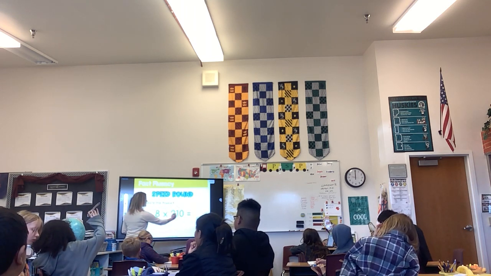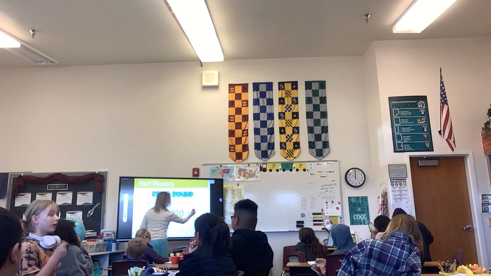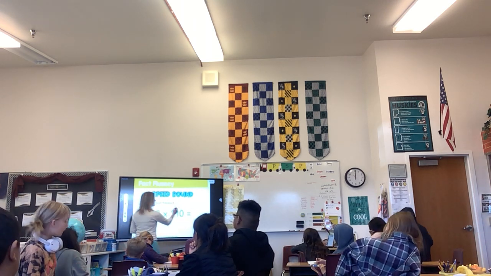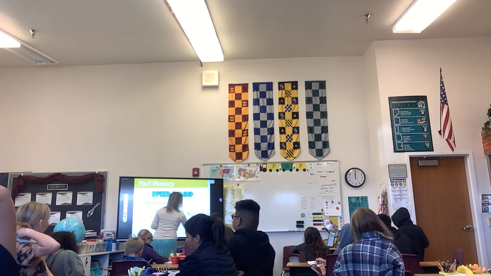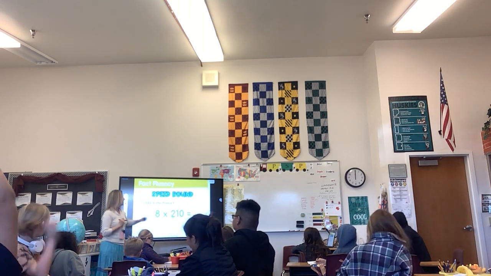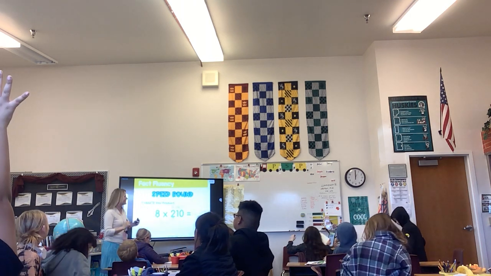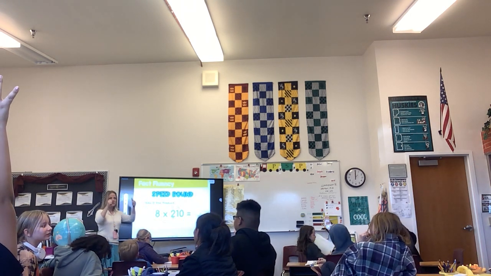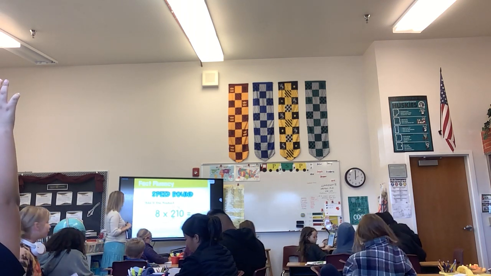So 8 times 2 is what, Nicole? 16. And then we would add how many zeros? 2. 1, 2, and put in our comma. So 8 times 210 is approximately 1,600. If you got that, give yourself a big star. If you didn't, circle it and note that you need to work on that.